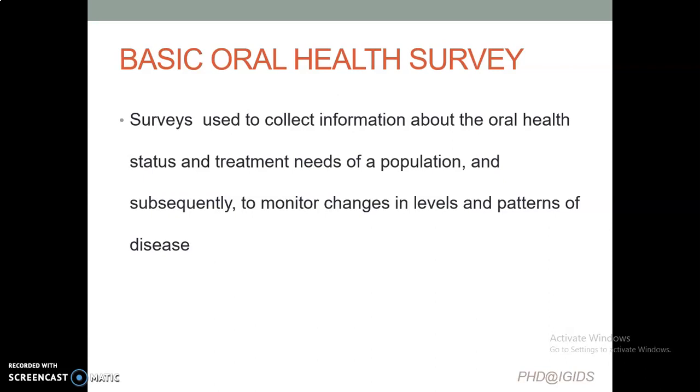If you stick to that proforma and record all the things in that proforma, everybody will be recording uniformly, and that will enable comparison among populations and will enable standardization or uniformity. That is why a basic oral survey is a survey used to collect information about oral health status and treatment need of a population, and hence you can monitor the changes or compare the changes across the populations.